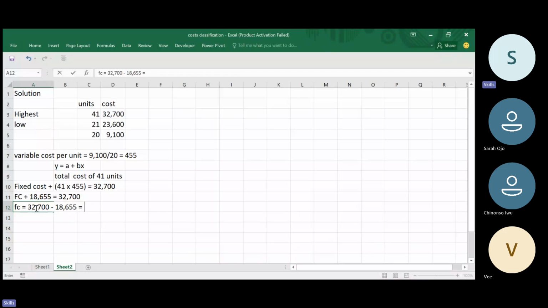That gives 14,045. So the FC, which is the fixed cost, is equal to 14,045.